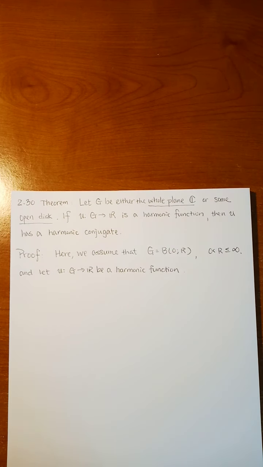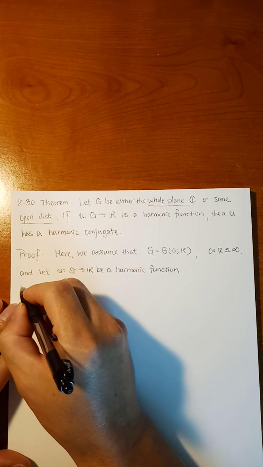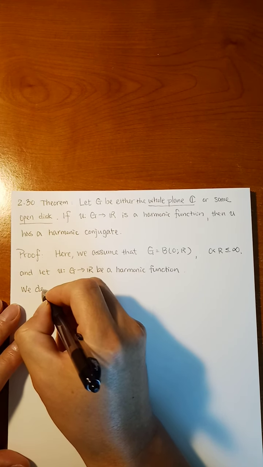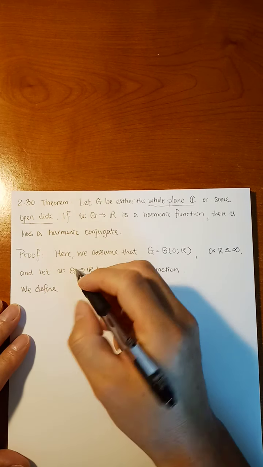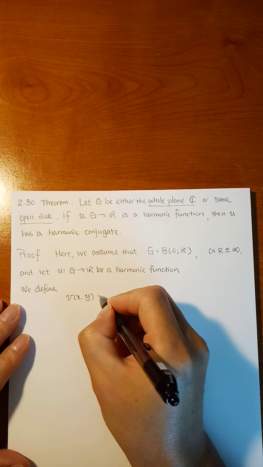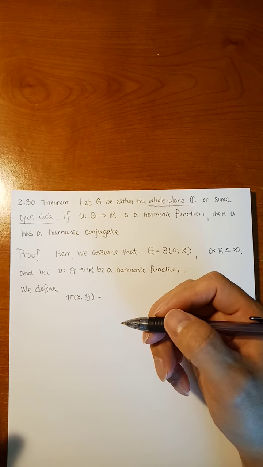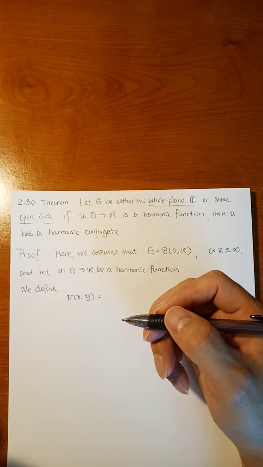Okay, so we're going to really construct the v and show that u, v satisfy the Cauchy-Riemann equations. So we define v of x, y to be the integral from 0 to y of v_y(x,t) dt plus phi of x.